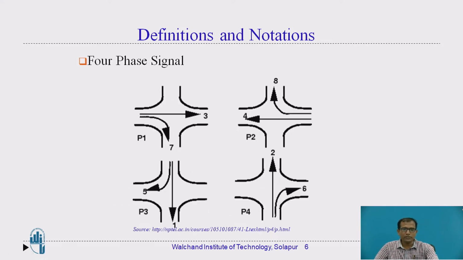This is the 4 phase signal. Here you can see the same 4 leg intersection where we operate two directions at a time. One phase means one green. By giving one green, they clear directions 7 and 3, and in the second phase, directions 8 and 4 are cleared.